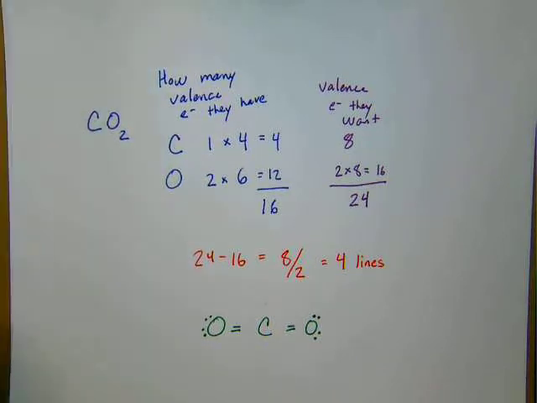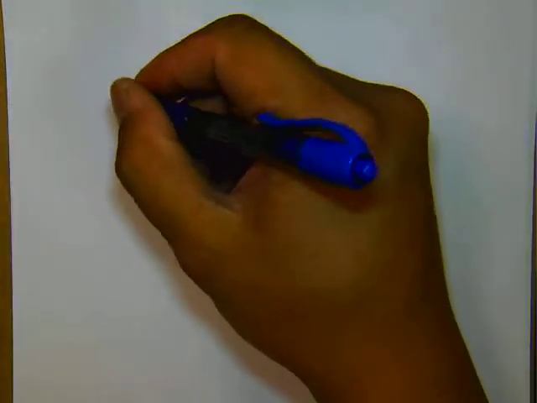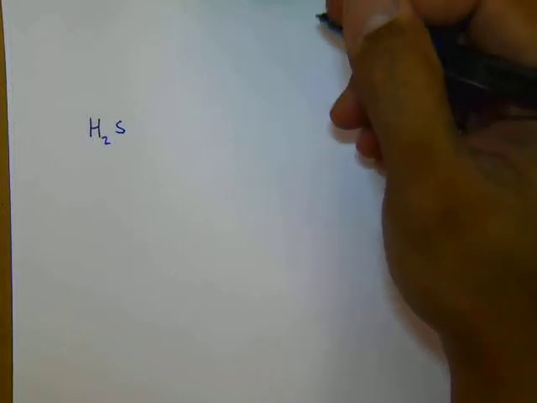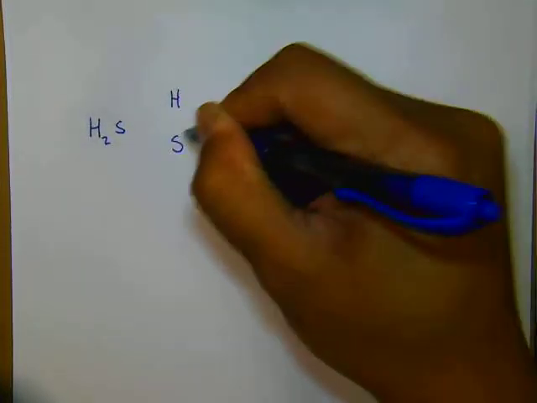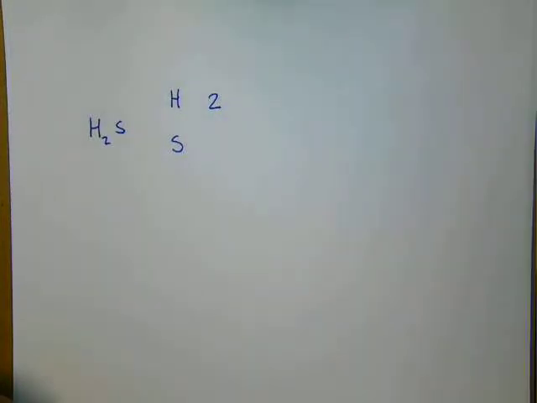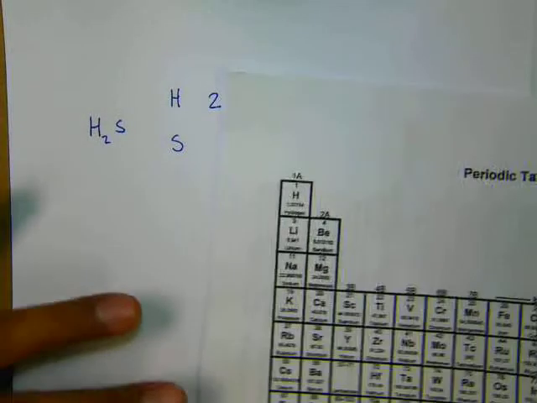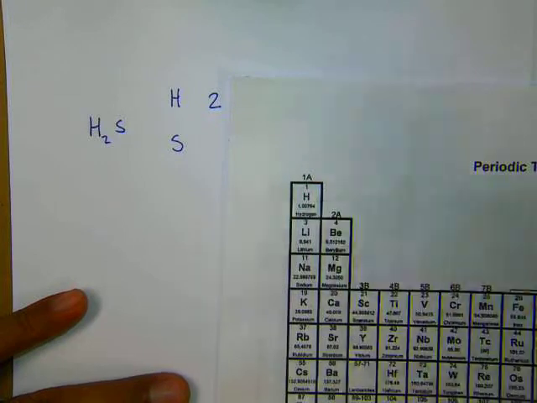Now we're going to look at a compound that has hydrogen. So let's take a look at H2S. All right. First, we figure out how many electrons they have. So hydrogen, there are 2 of them, and each hydrogen has 1 valence electron each.